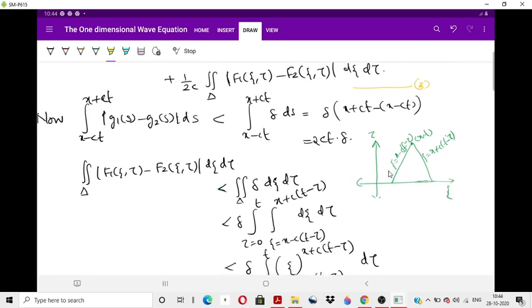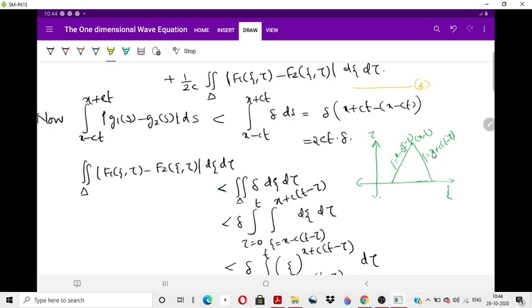Remember that this is the characteristic triangle in the theta tau plane, and this point is the point x, t, and this line is theta equal to x minus c into t minus tau, and this line is theta equal to x plus c into t minus tau.